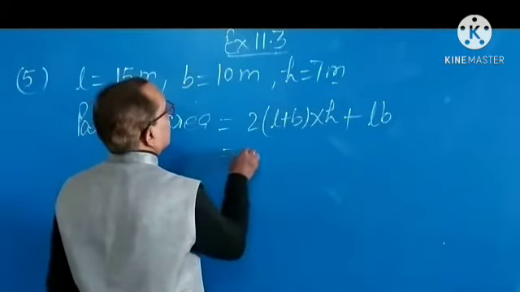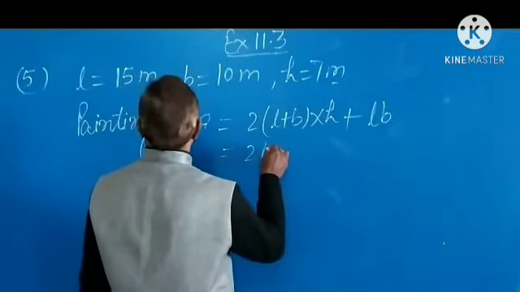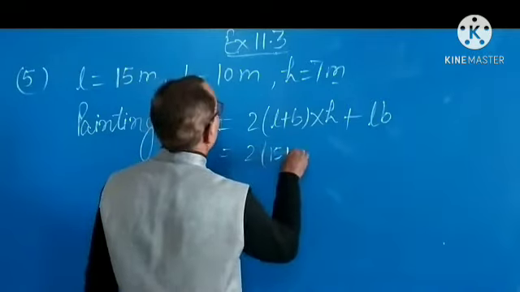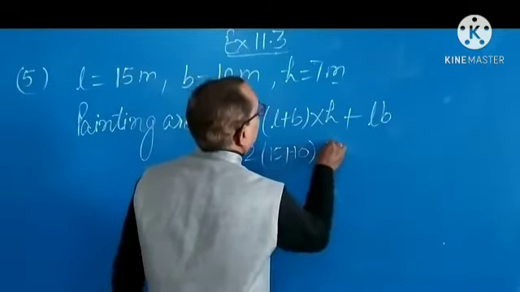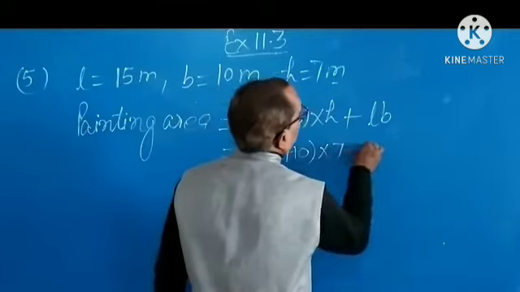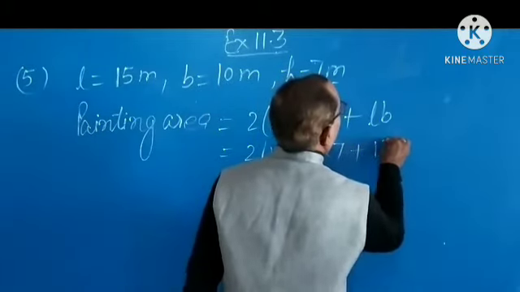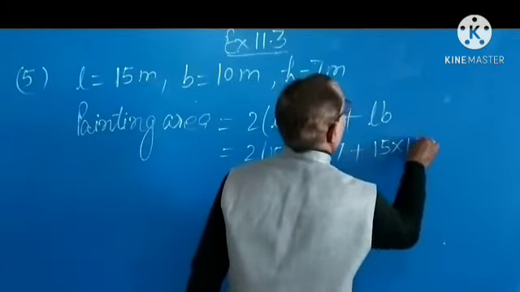You write down the value. 2 into bracket L is 15 plus B 10 into H 7 plus 15 into 10.